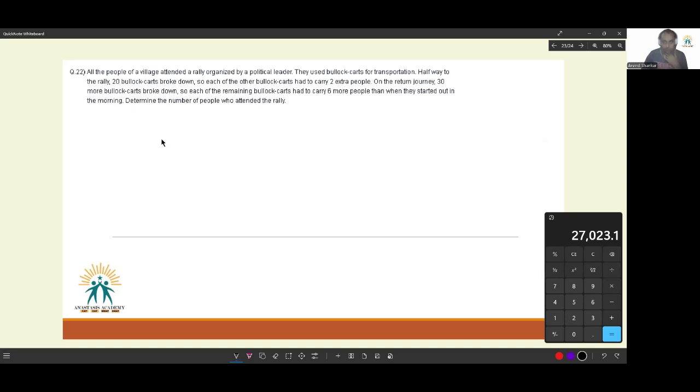So I'm saying carts and people per cart. Let's say there were X carts and people per cart were supposed to be K. 20 carts broke down. So X minus 20, 2 extra people.